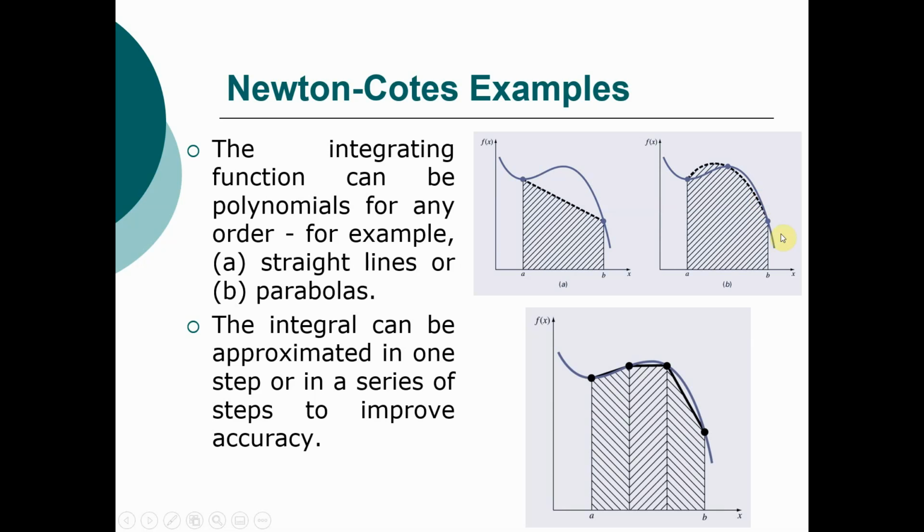Another way of approximating would be approximating this function, again from point A to point B, with a quadratic curve, right? In that case, because this is a polynomial, we know how to find the antiderivative of a polynomial. It's very easy to calculate.